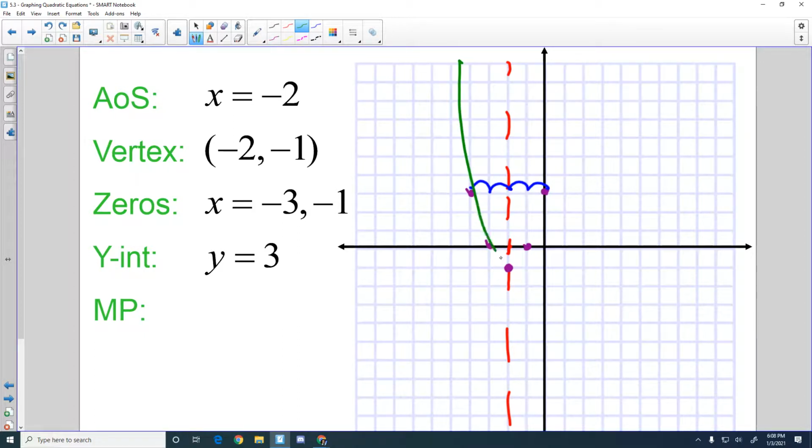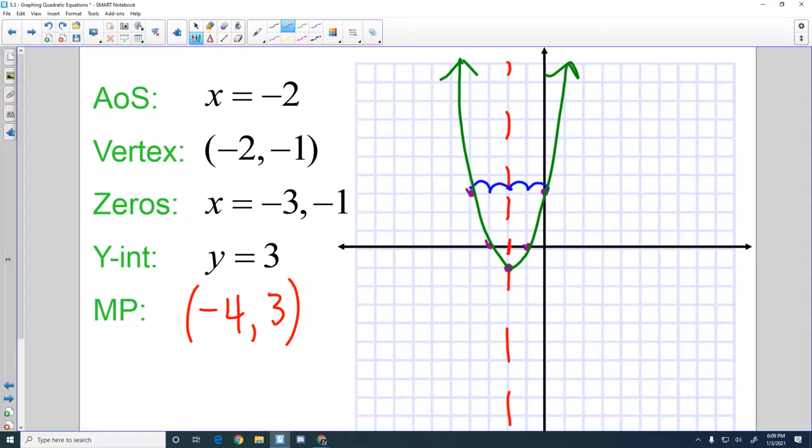So just bring that curve in, up one way, the other way, and draw your arrows. And again, you don't need to identify the mirror point, but if you wanted to, you could say that that's at -4, 3. But our goal is to graph the parabola, and we've got it graphed already without knowing what that exact coordinate is of the mirror point, but it does have a point.